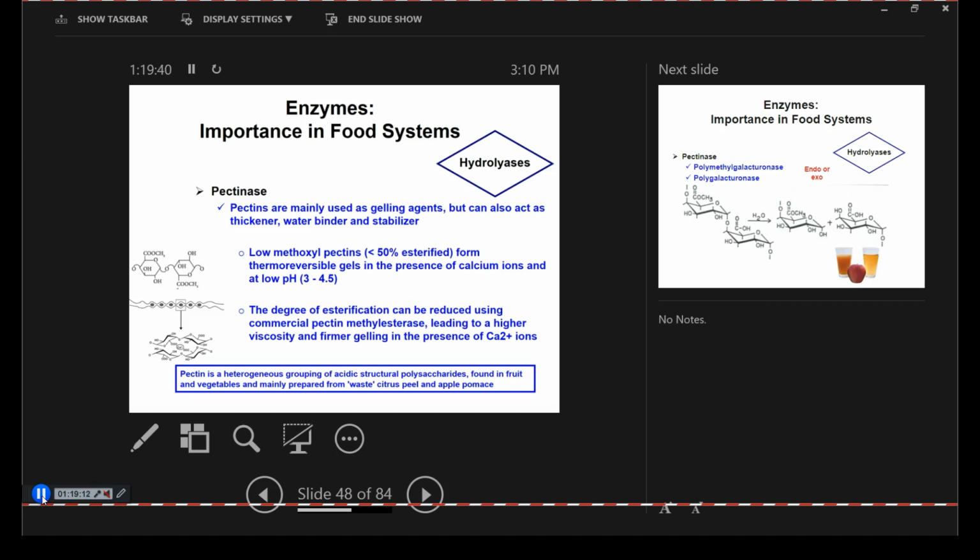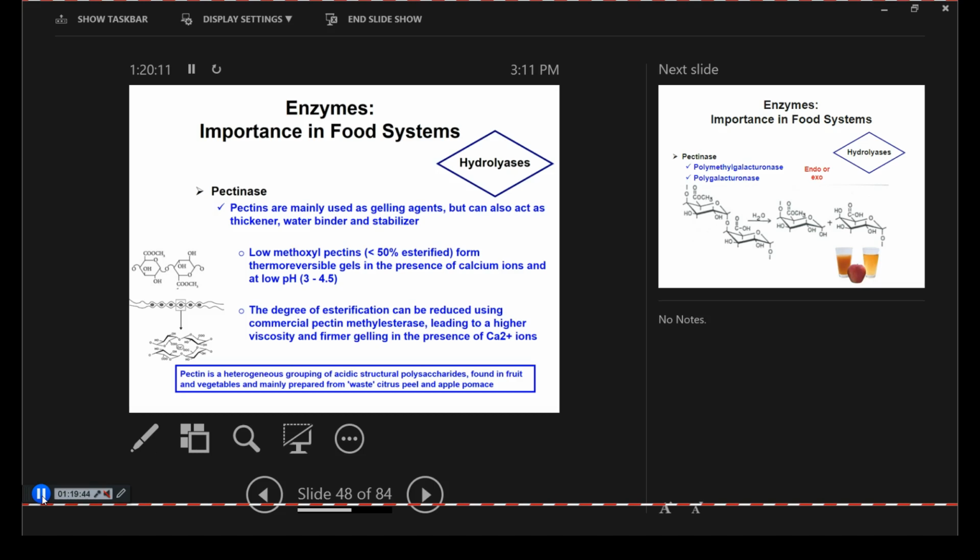So here's your pectin, and esterification is with a methoxy group here. If we remove the methoxy group, we have COO minus. In this case, the COO minus can interact with calcium, and another COO minus from another pectin molecule can interact with the same calcium, so you can get polymerization and gel formation.